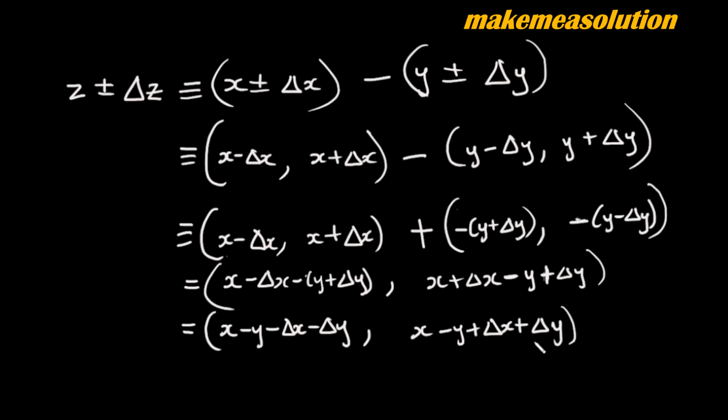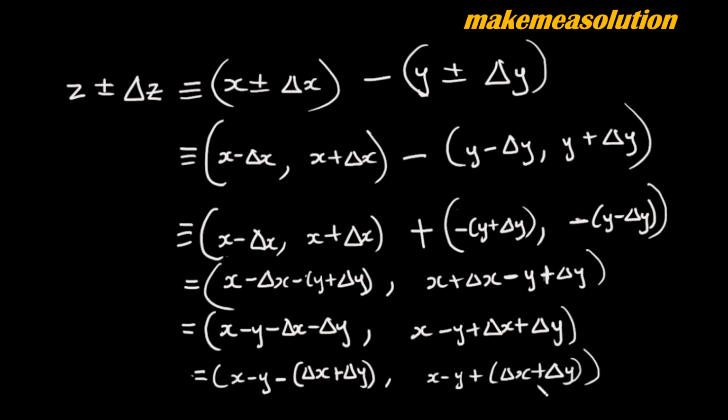Okay, so that's the correction. So if we keep on solving like this, we are going to get x minus y and minus open brackets, you have delta x minus plus delta y. Okay, and minus, I have x minus y plus delta x plus delta y, like this.